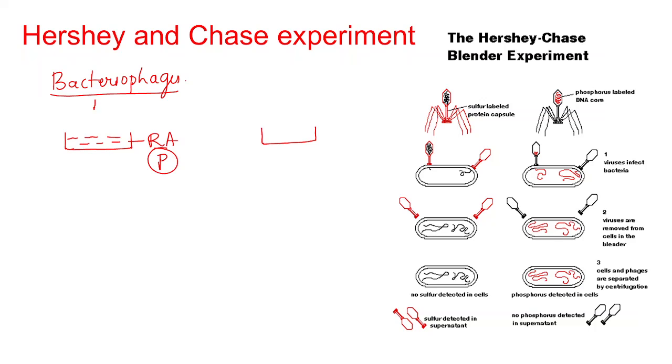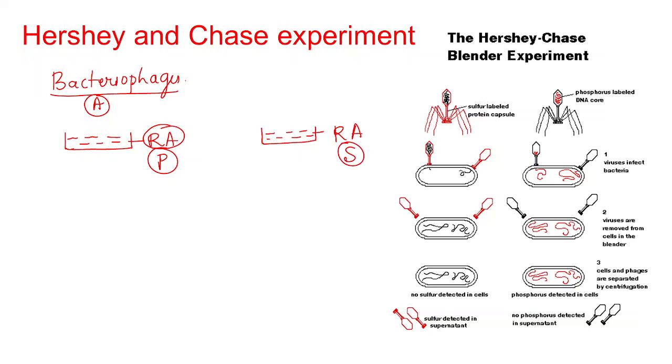Let us consider this setup as A. The medium was containing radioactive phosphorus. And in the second medium, they have grown the bacteriophages, and this medium was containing radioactive sulfur.